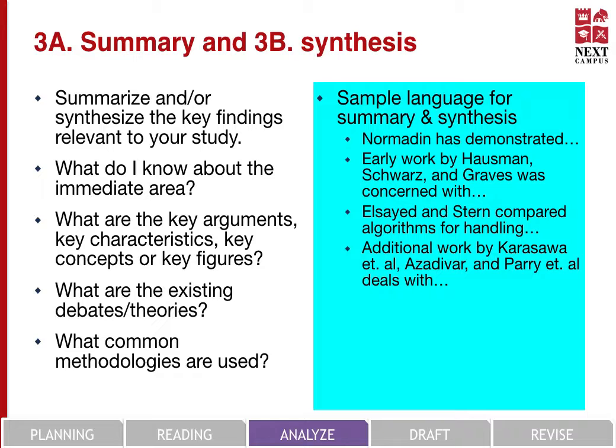Here you will look at what are the key arguments, what are the key characteristics, what is the summary of their concepts or key findings. And when you look at synthesis, you're looking at two or more authors, what they have done around the subject area. So if you see the colored box on the right hand side, you use words like demonstrated and also you use the word and to combine two authors.